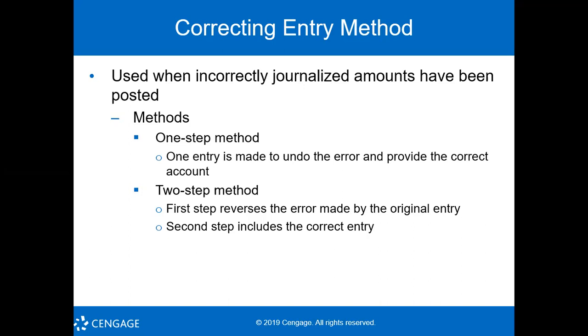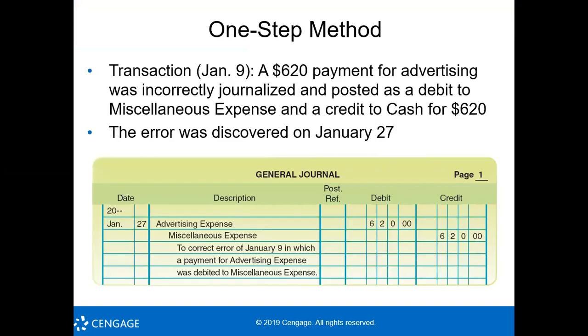So we do the reversing entry to erase that incorrect journal entry. And then the second step is to do the correct journal entry. That's what I always like to do, because then it showed it getting backed out, and then the correcting entry. But sometimes it makes sense to do the one-step method as well.